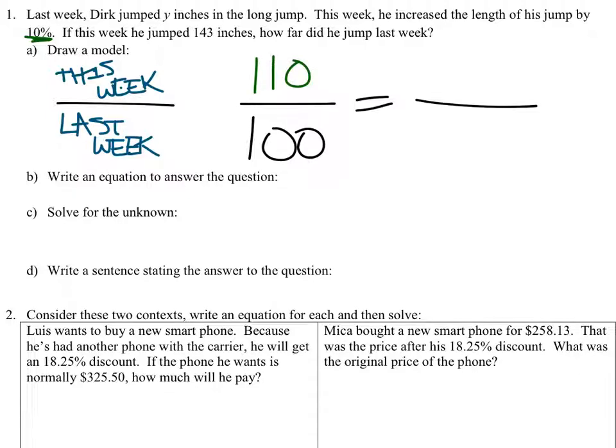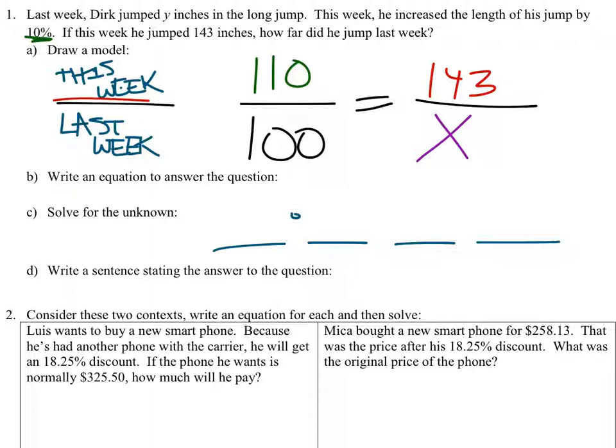Now, in comparison, it says this week is 143 inches, so we see this week is in the numerator, so that would be the 143-inch radicand. And we'll be solving for last week's jump radicand. So that would actually be part B. We're not so worried about models in this. So now to solve for the unknown, we're just going to use fish method.